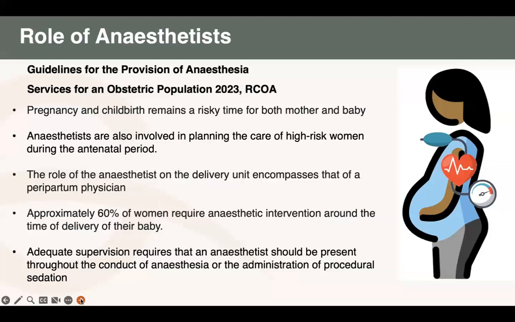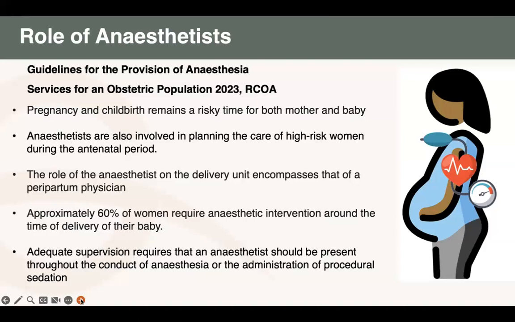The role of the anesthetist on the delivery unit encompasses that of a peripartum physician. In most of our settings, as far as operative medicine is concerned, we expect you to assume a lead role in providing care. It is noted that in the normal delivery process, approximately 60%, so more than half of the women, will require an intervention of some sort.